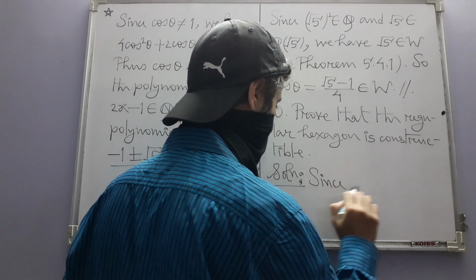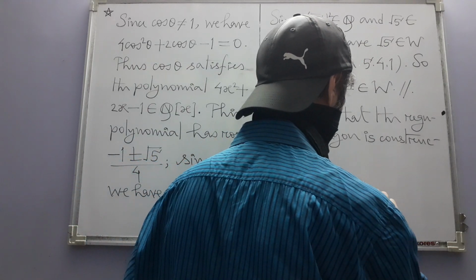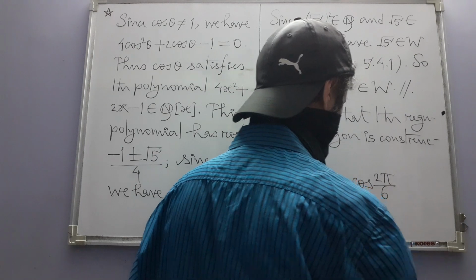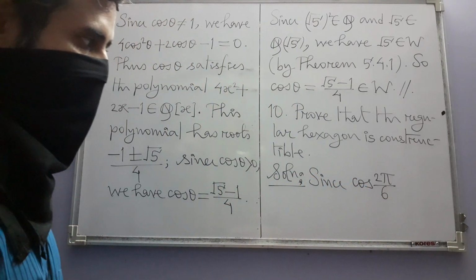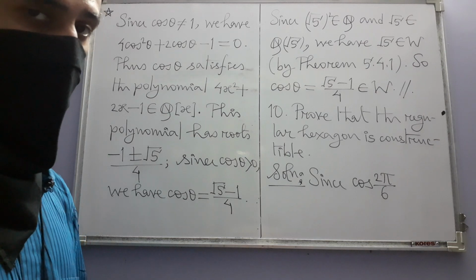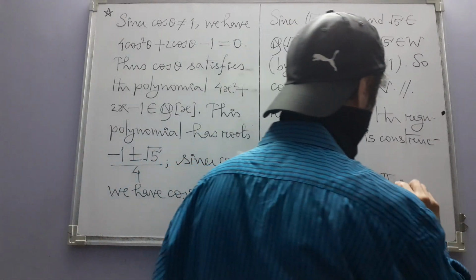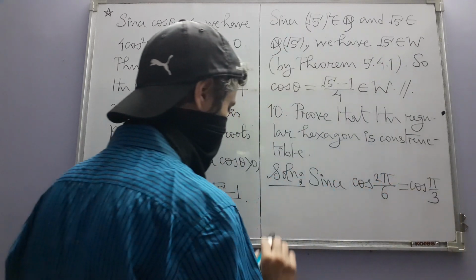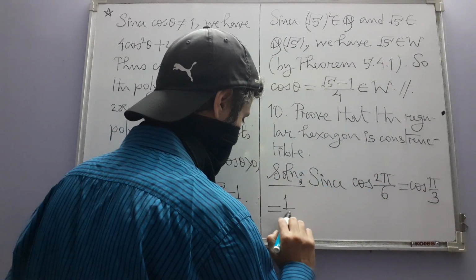Since we are dealing with a hexagon, we have to look at this cosine of 2 pi over 6, which is cosine of pi over 3, which is just 1 over 2.